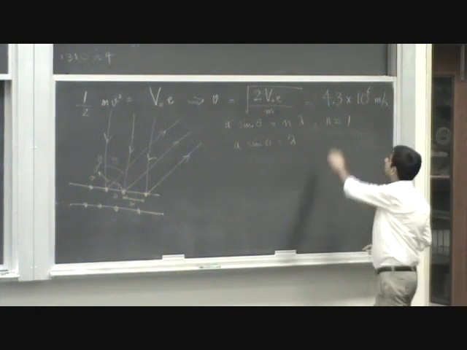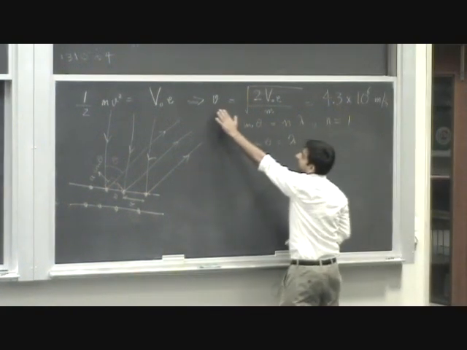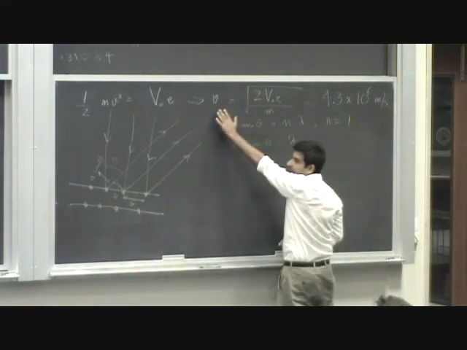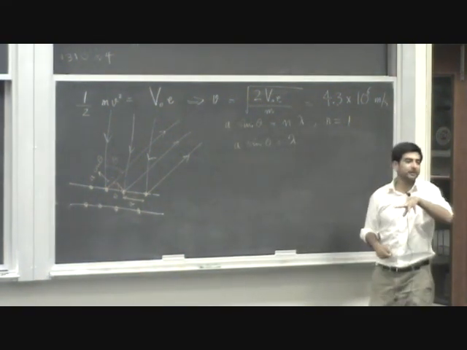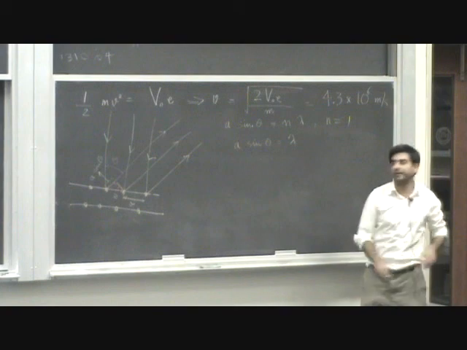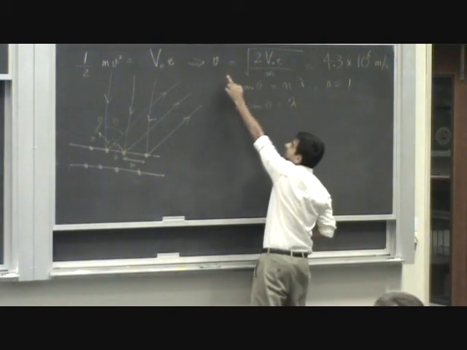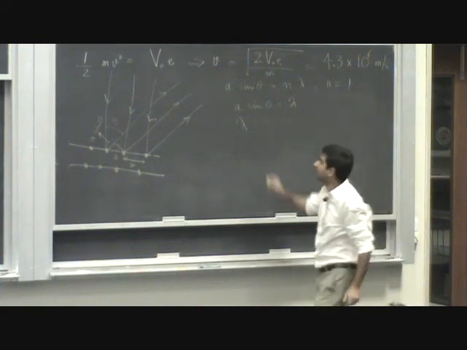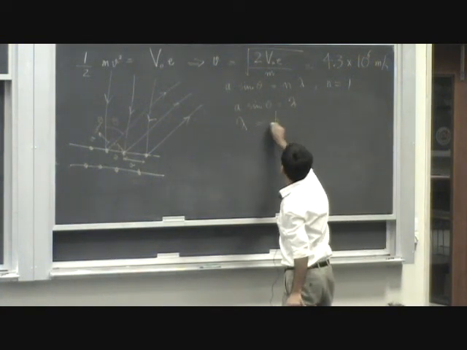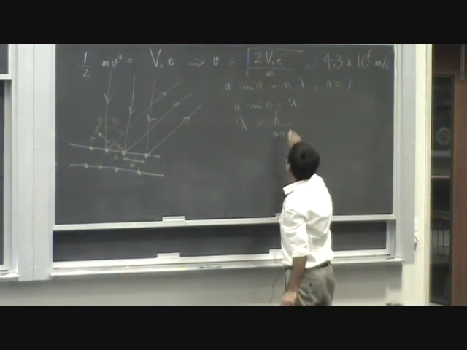Now, if this is the velocity of the particle, the particle carries a momentum. And if we apply the de Broglie relationship, one can find the wavelength corresponding to this velocity. And the wavelength will be given by h over mv.